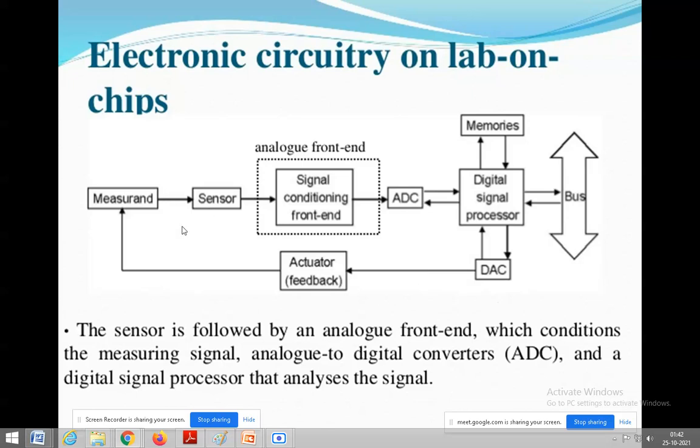The sensor is followed by an analog front end, which conditions the measuring signal, an analog to digital converter, and a digital signal processor that analyzes the signal. So the measurand is what is measured, the reading. Okay, that will be called the measurand.